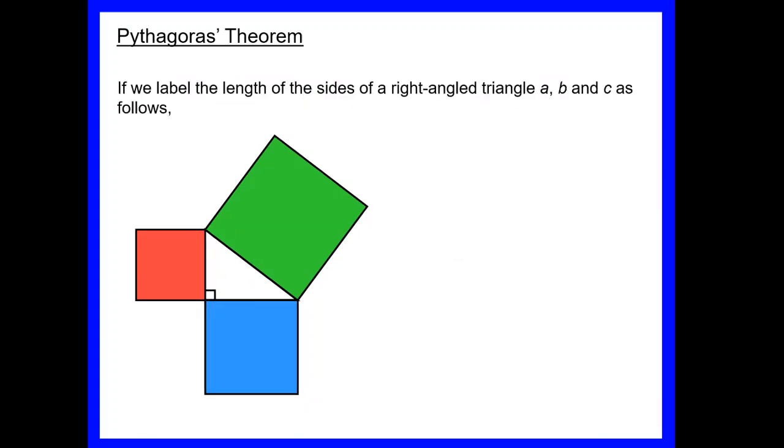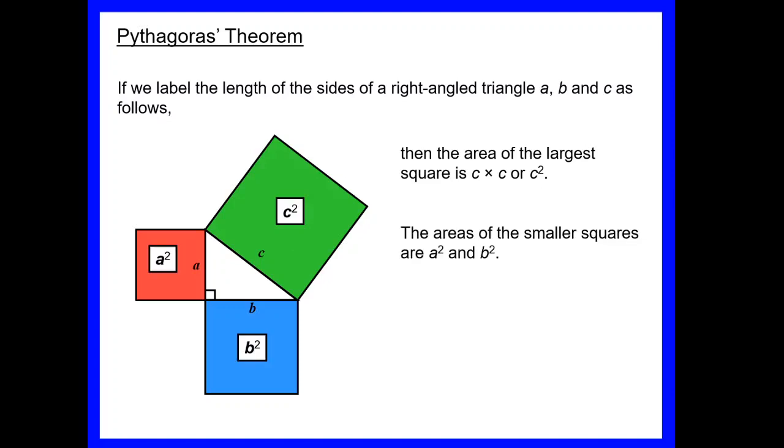So let's put some letters on there to make it a bit clearer then. We're going to call the shortest side A, the next one B, and the longest side C. If we find the area of the square on C, remember, if this length is C, then this length must also be C. If it's a square, C times C is C squared. So the area of this square is C squared. We can do the same for A and B. A times A means the area is A squared, and B times B means the area is B squared.